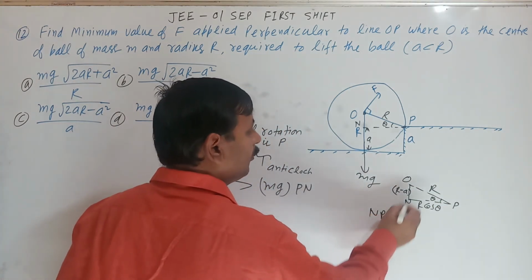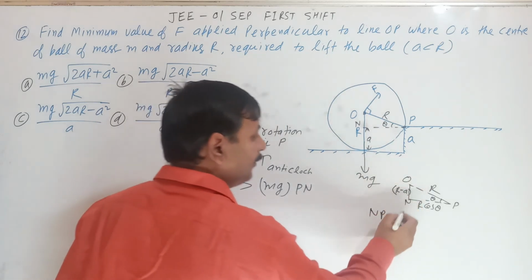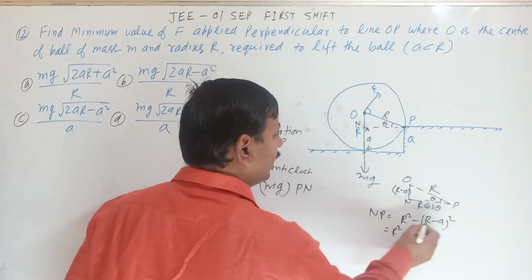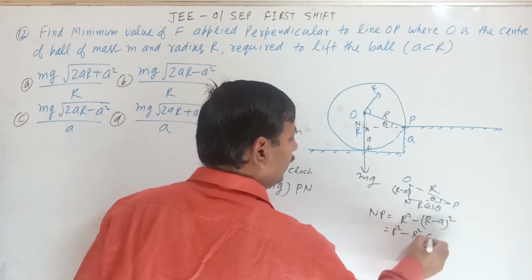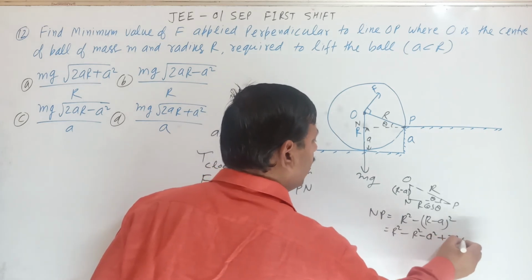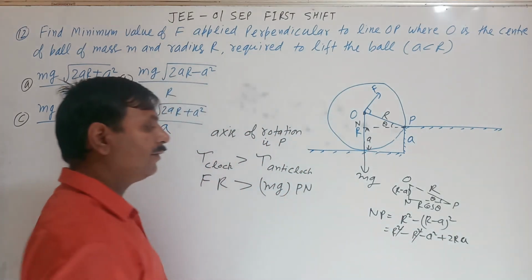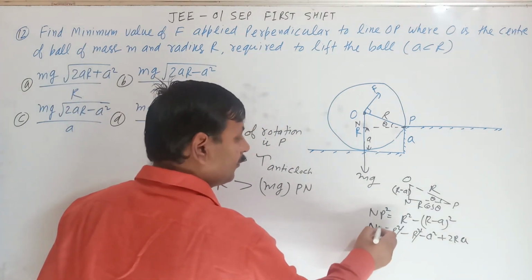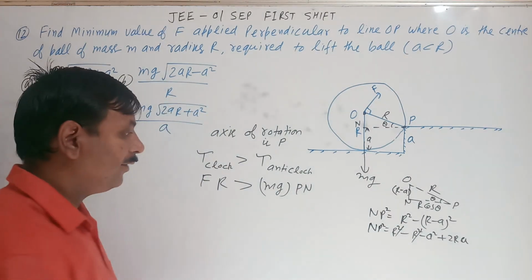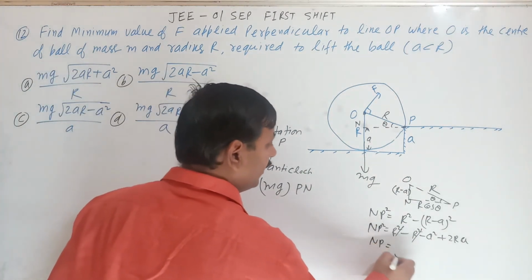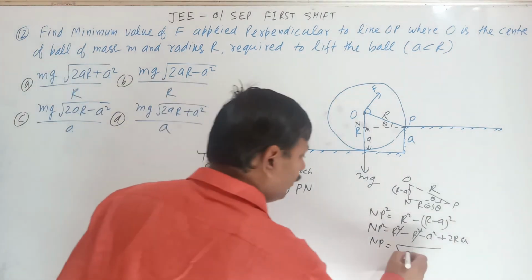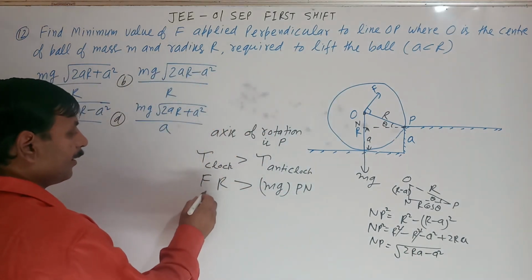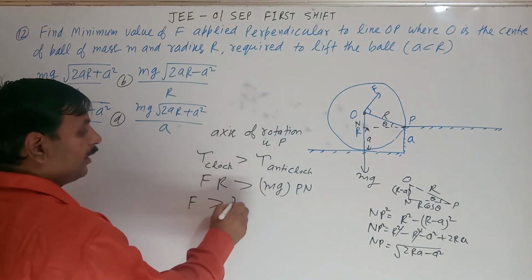So NP is equal to what? Pythagoras theorem, r square minus (r minus a) square. That is r square minus r square plus 2ra minus a square, so NP square is 2ra minus a square. So NP is under root 2ra minus a square.